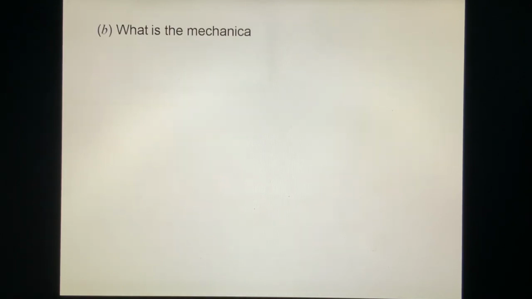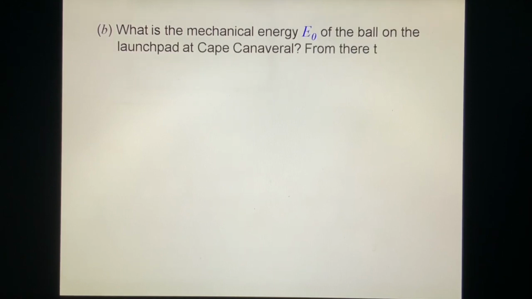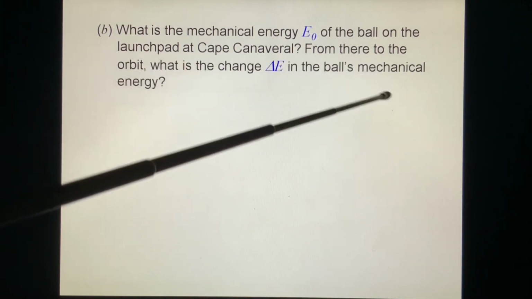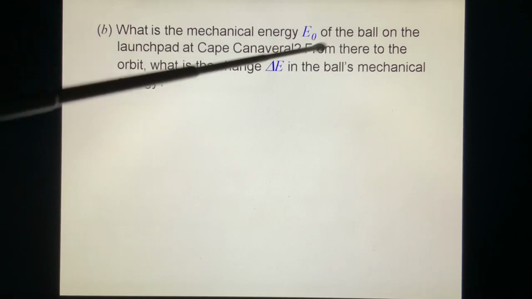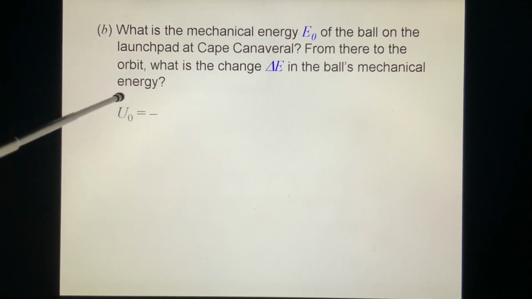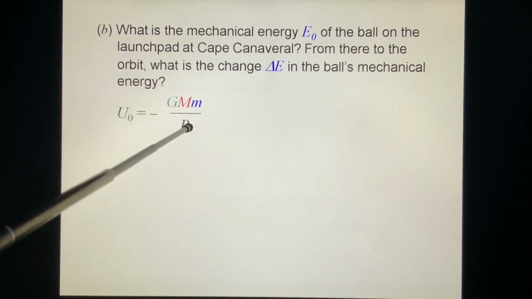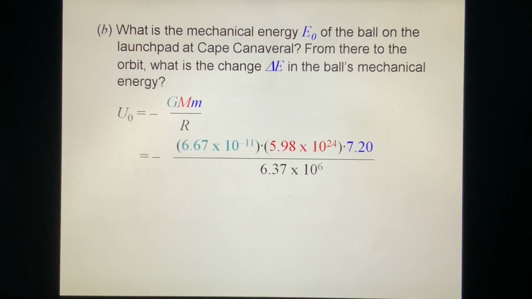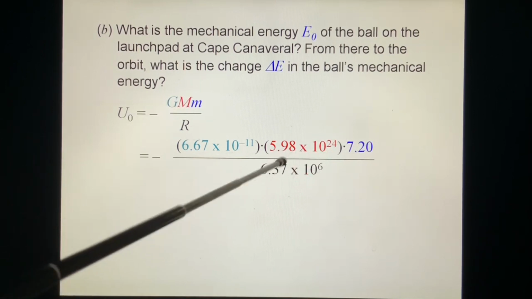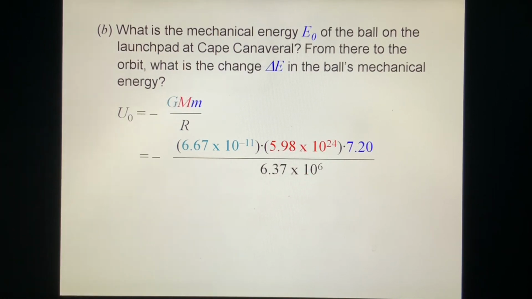B. What is the mechanical energy E0 of the ball on the launch pad at Cape Canaveral? From there to the orbit, what is the change delta E in the ball's mechanical energy? We want to find E0, and then we can find delta E. For E0, because it's on the Earth, it's very simple. We put everything in. This is a constant, this is the mass of the Earth, this is the mass of the ball, and this is the distance, the radius of the Earth.